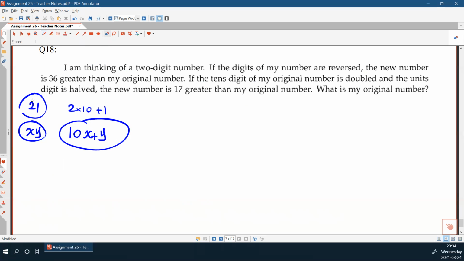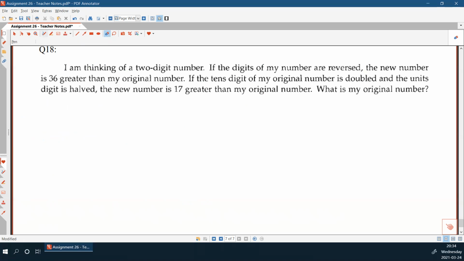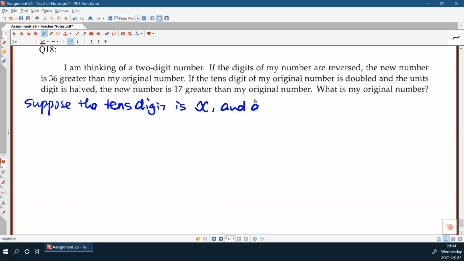Okay, so let's say, suppose the tens digit is x, and the units digit is y.